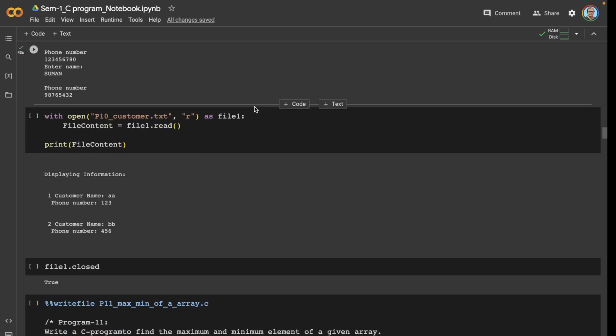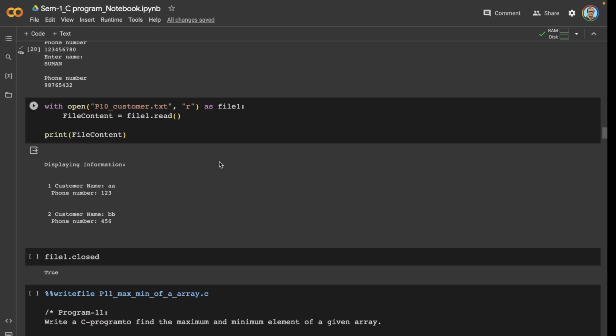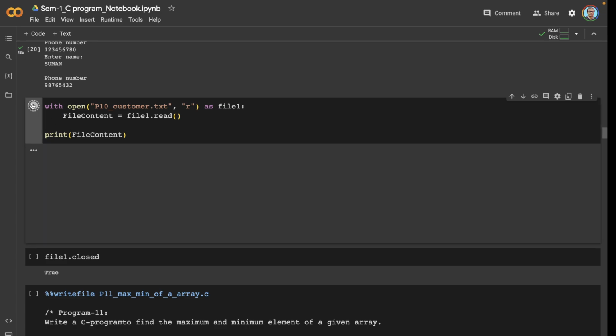Next problem. Sorry, with open, displaying open customer text as file1. File content equal to file1 dot read, print file content. So run this, print file content, displaying this.